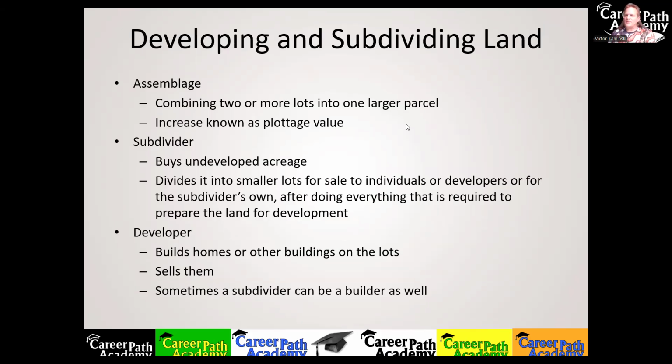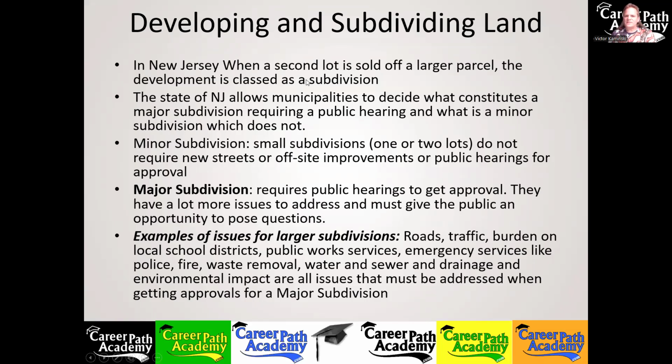So, developing and subdividing in New Jersey, when a second lot is sold off of a larger parcel, the development is classified as a subdivision. And the state of New Jersey allows municipalities to determine what they would classify as a major subdivision, which would require a public hearing, and what constitutes a minor subdivision, which would not, before they do any subdividing or development.